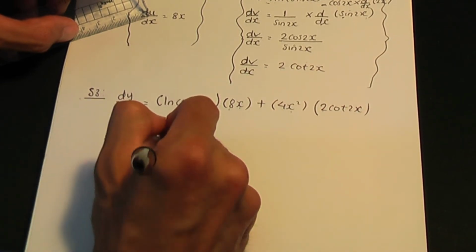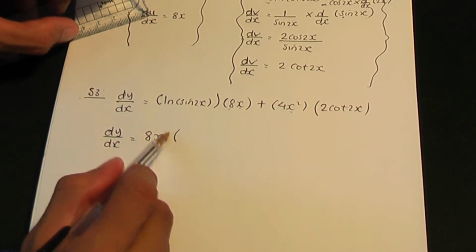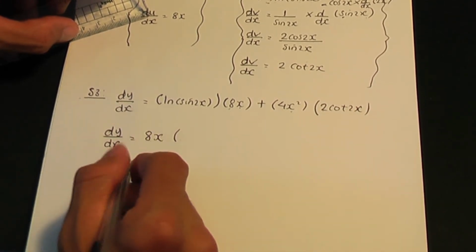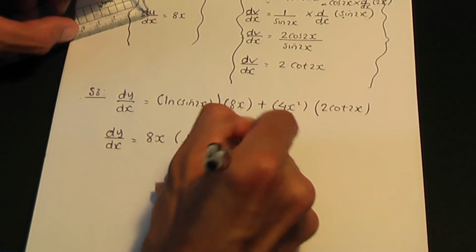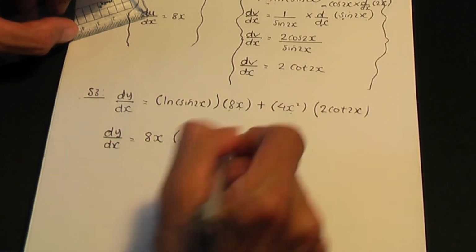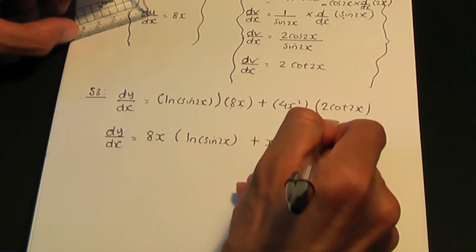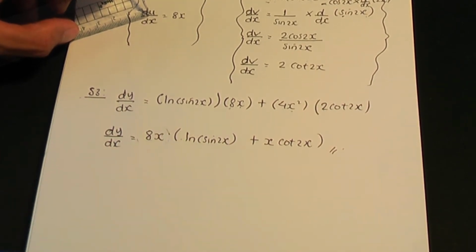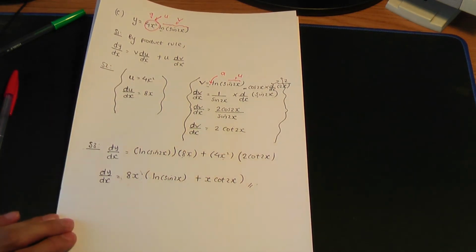Let me take out x as part of this common factor, so the overall common factor is 8x, and what is left within the brackets is ln sine 2x, okay, plus x cot 2x. So this is the term that remains by taking out a common factor of 8x. So this is the overall solution to part C.